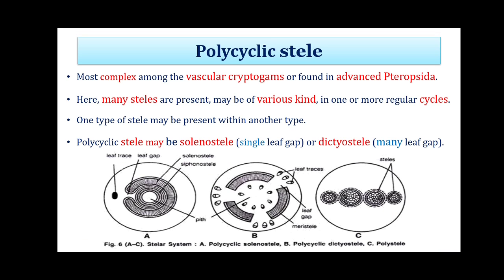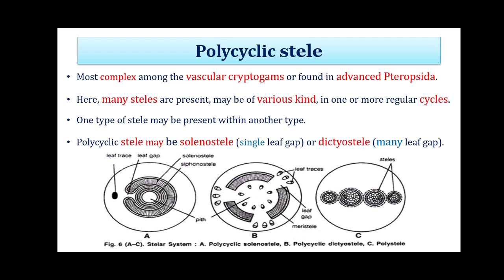Then comes the most complex and advanced type in the cryptogams, which is a polycyclic stele. Here many steles are present and they are of various kinds. As the name suggests, there are many stele and they are also of different kinds. The polycyclic stele may be solenostele with a single leaf gap, or it may be a dictyostele with many leaf gaps.